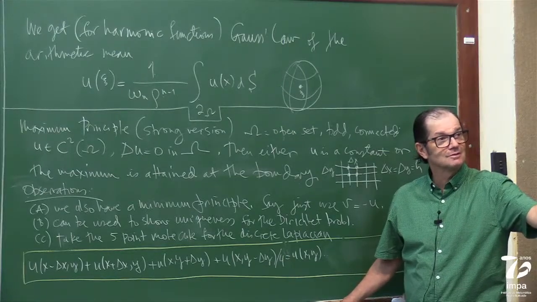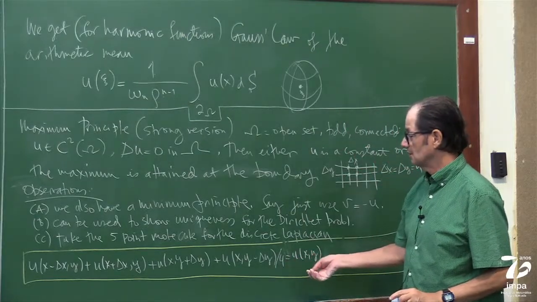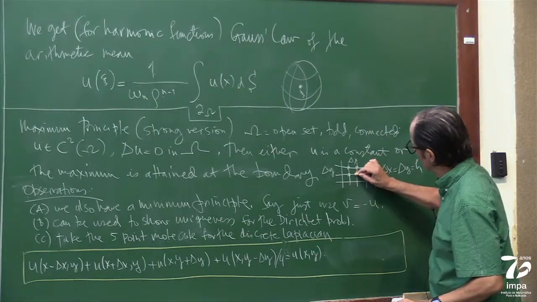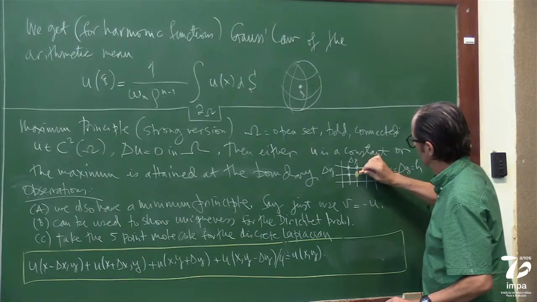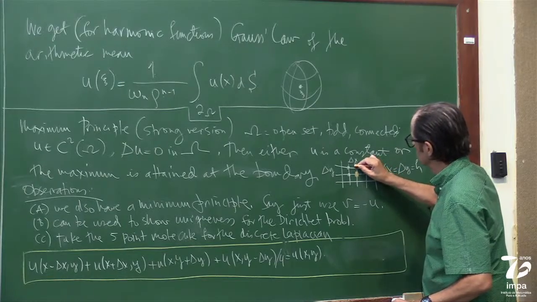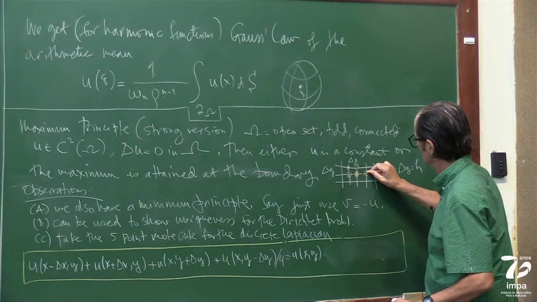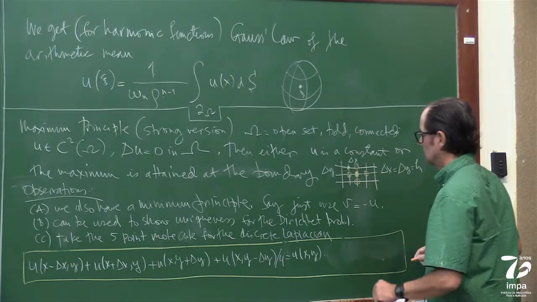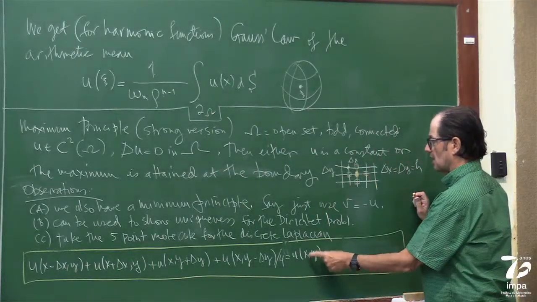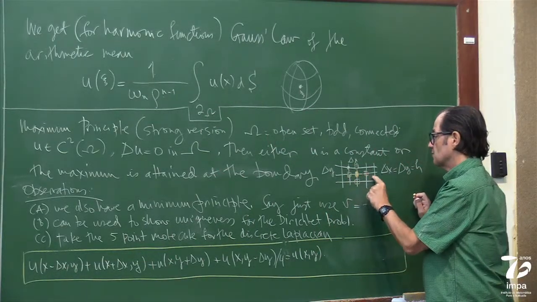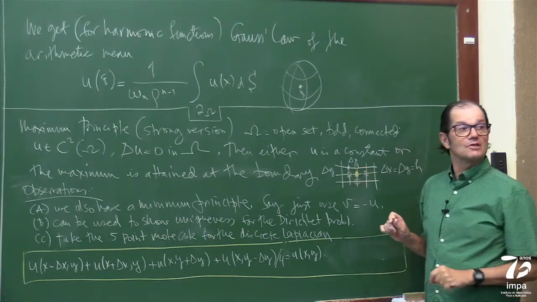And I forgot to say, why is this called the 5-point molecule? Because this says that the value of the solution here uses this value here, this value here, this value here, and this value here. Look, x minus delta x, x plus delta x, y minus delta y, y plus delta y.